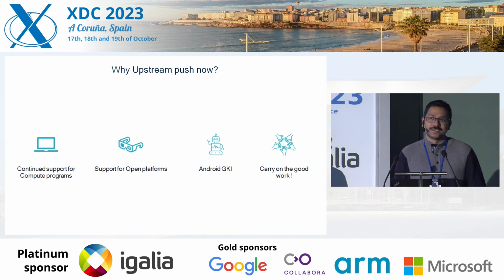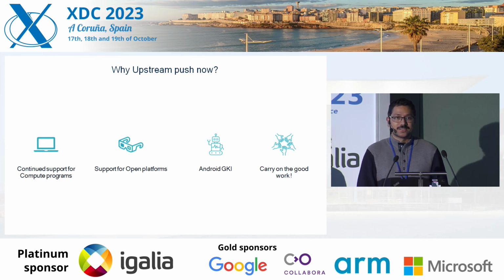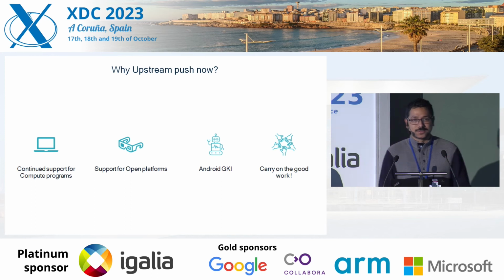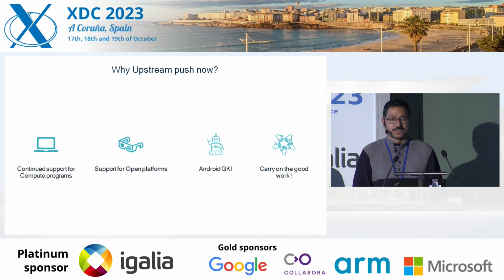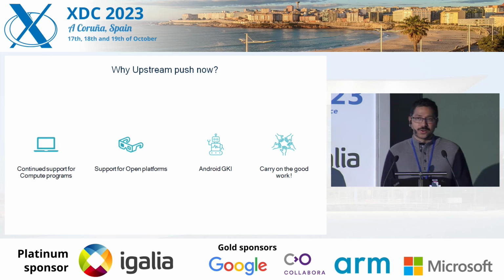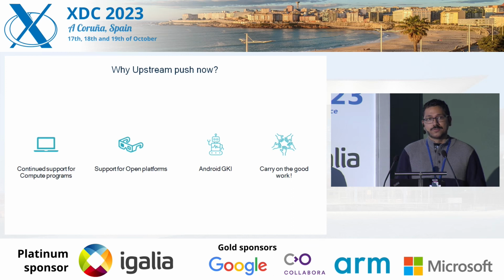So this project was aimed to keep the ACK, the Android Common Kernel, as clean as possible, and that's why we wanted to upstream the framework changes we did, and that work is still going on. Obviously, since the foundation was built, we wanted to carry on all this good work moving forward.